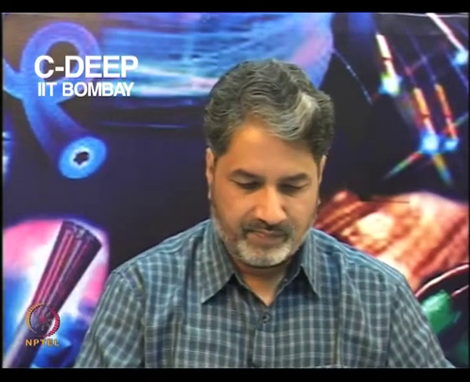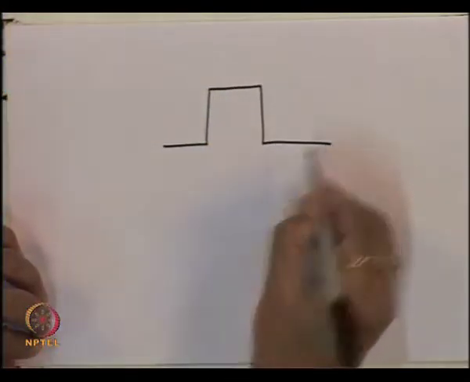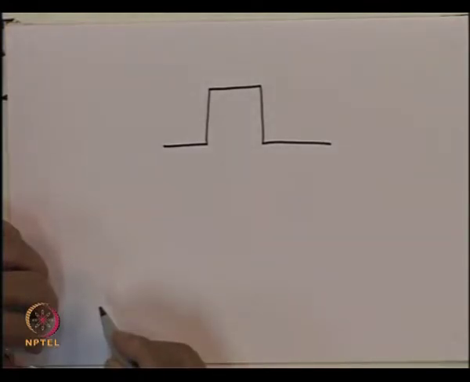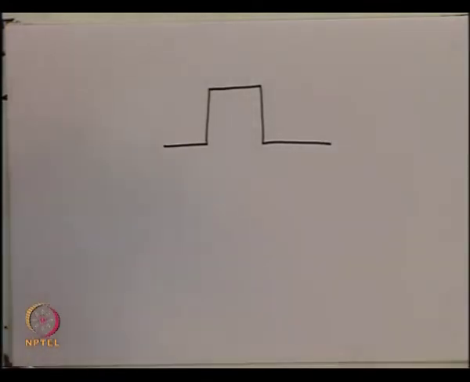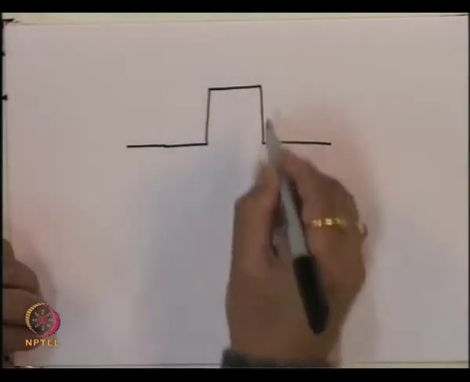Also, because of this finite bandwidth, in the time domain we have ripple in the signal. So, what we are saying is, if ideally we had transmitted an optical pulse which was like this, and if the bandwidth of the system was infinite, you would have got a current pulse also which would look like that.